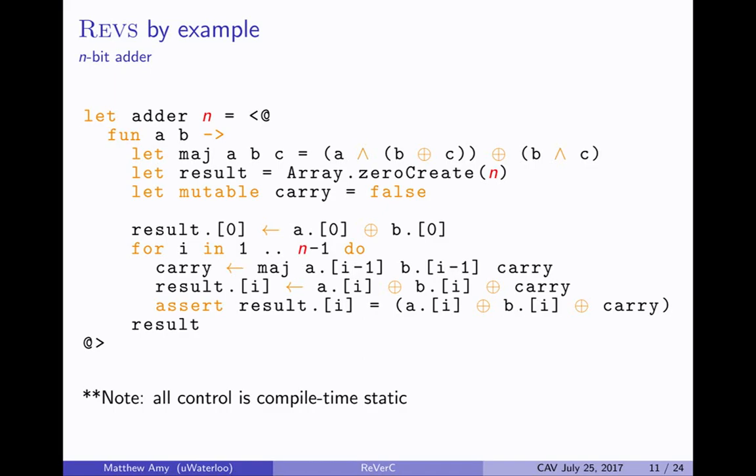But the one thing to note is that all control is completely static. And we didn't do that just because we're lazy. We did that because it's a restriction of our target architecture, quantum circuits. Effectively, if you allow control to be based on the value of bits, you have to measure them, and then everything decoheres. So it compiles to effectively straight line programs.